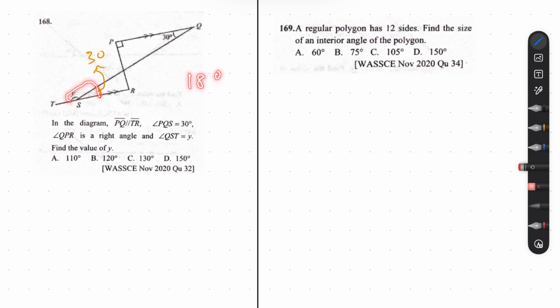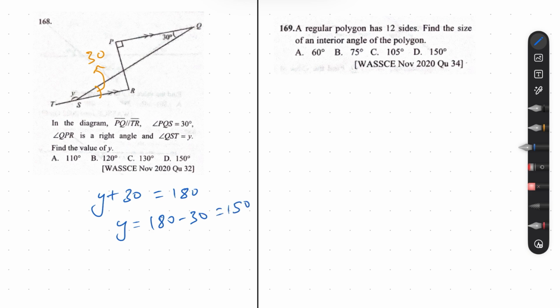That means y plus 30 should give us 180. So y is equal to 180 minus 30, which is 150. So our y is 150 degrees, which is D.